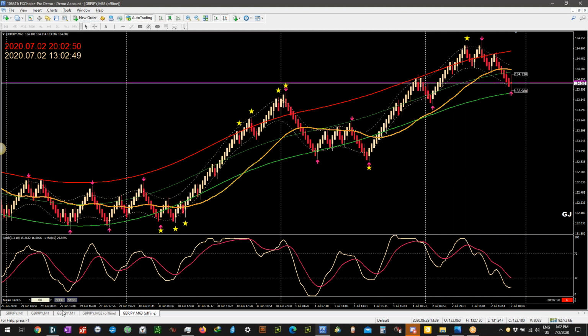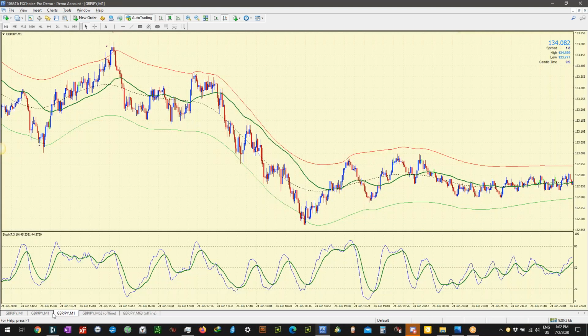Okay, so let's start with this. So what are we talking about here? The red here is the equivalent of the upper deviation. This indicator is called a PB channel. I don't use a PB channel as a guide currently, but I use it as an alert for the highest deviation.